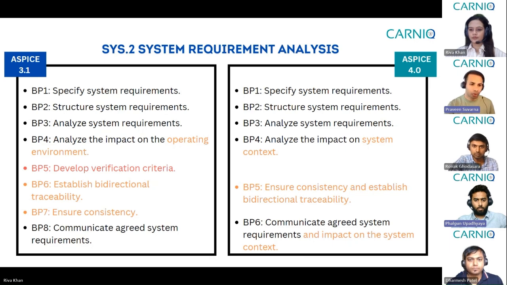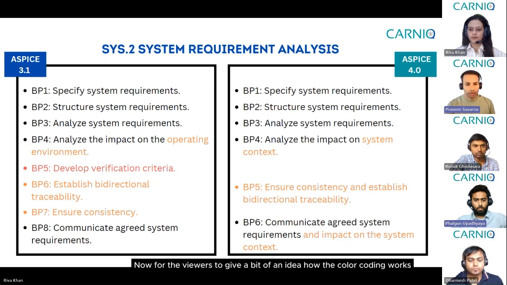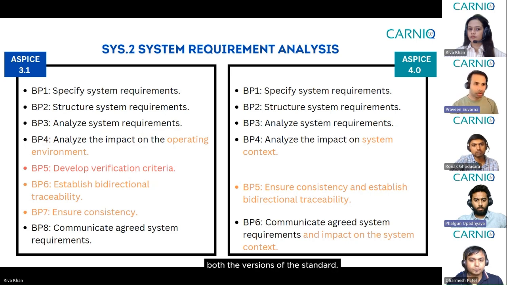Now for the viewers, to give a bit of an idea how the color coding works, all the best practices noted with the color black are the same in both versions of the standard.